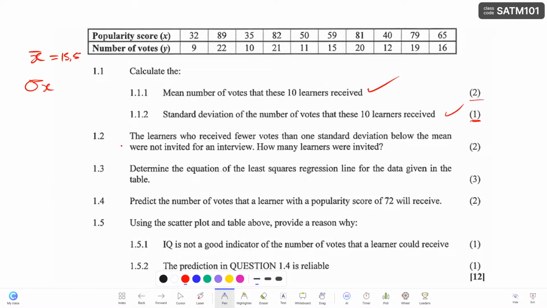Next question, they said the learners who received fewer votes than 1 standard deviation below the mean were not invited for an interview. How many learners were invited? So we're still dealing with the number of votes.